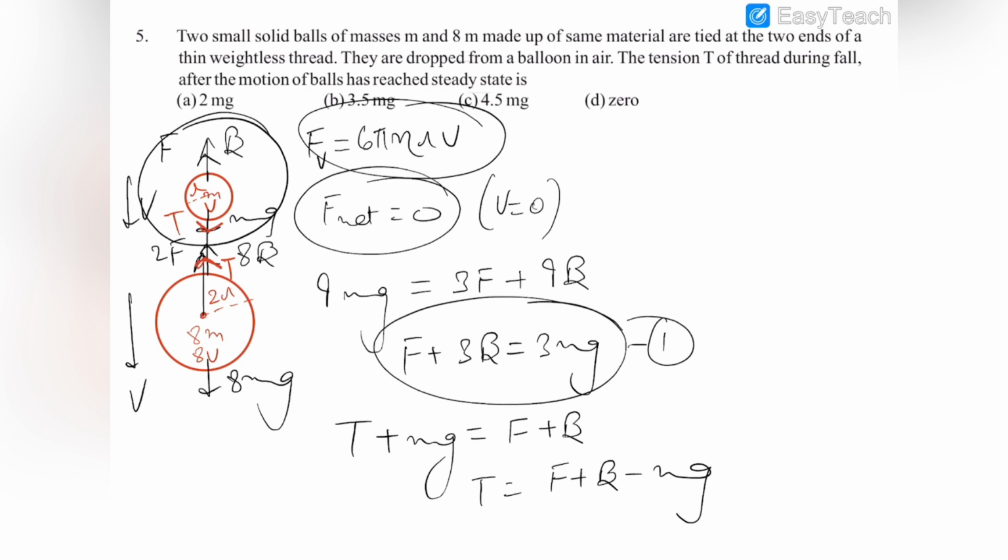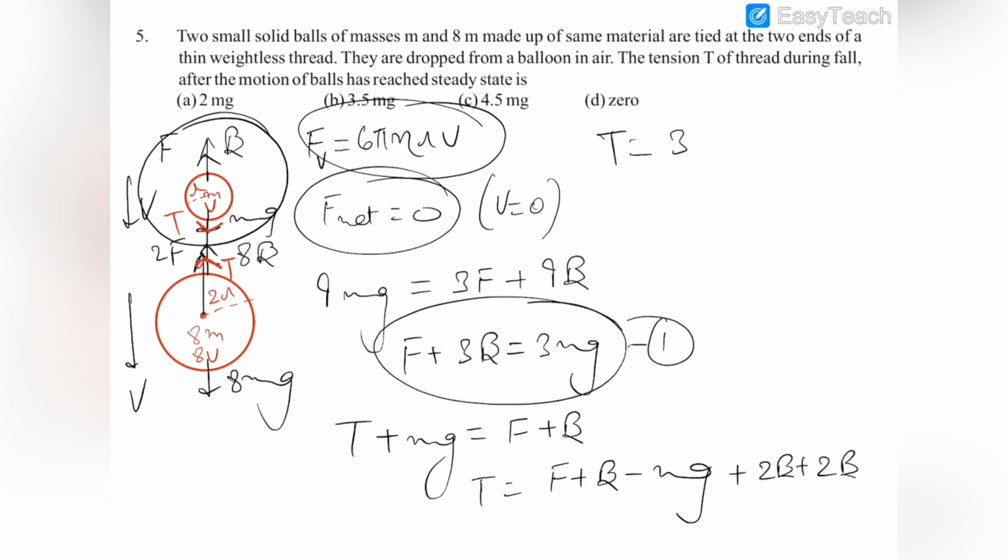And F plus buoyancy, from this equation, is equal to, if we add and subtract twice of buoyancy in this equation, so this will be thrice of buoyancy, and F plus 3 buoyancy is 3 mg.